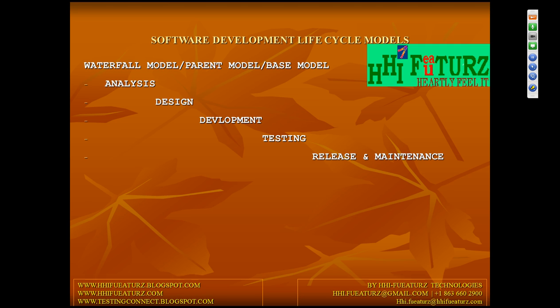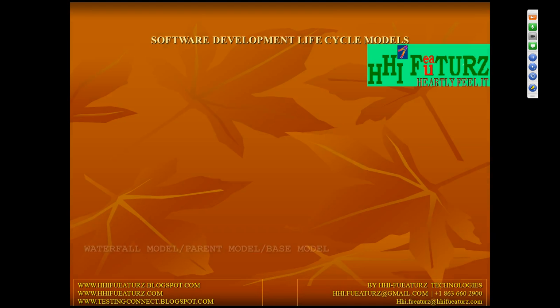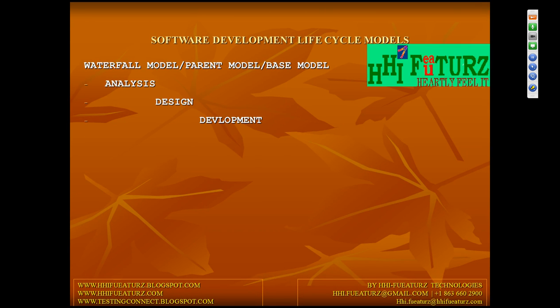That is the reason you consider this model as the waterfall model. The important thing you have to remember in waterfall model is that whatever phase is going on, only those team members are present, and all other team members don't need to be present. That is the purpose of the waterfall model.